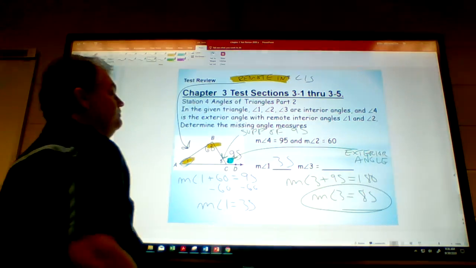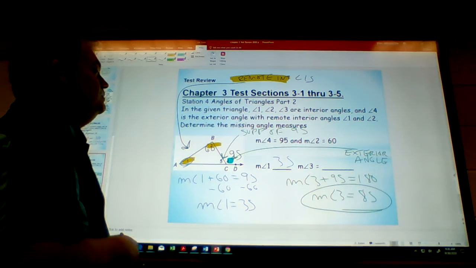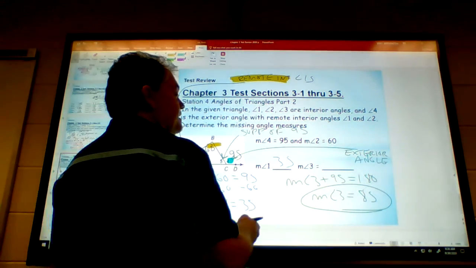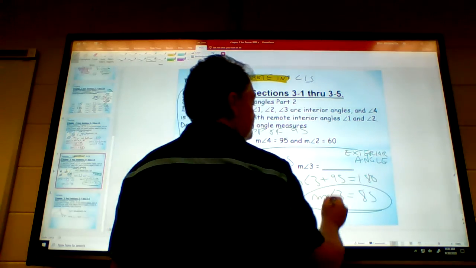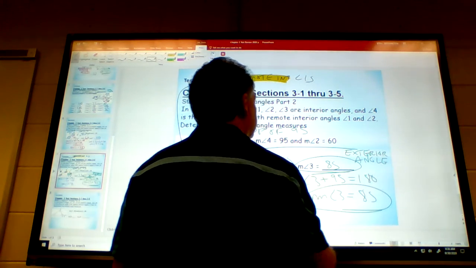All right, so angle 4 is the exterior angle. And then the supplement for angle 3 is going to be 85 degrees. All right, there we go.